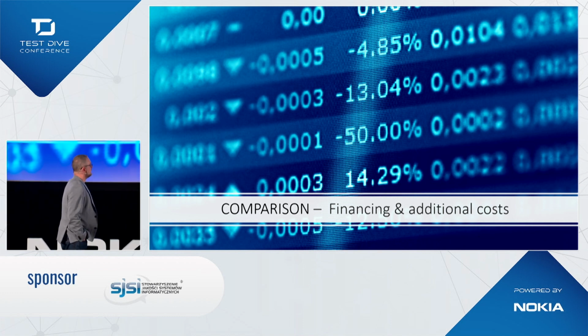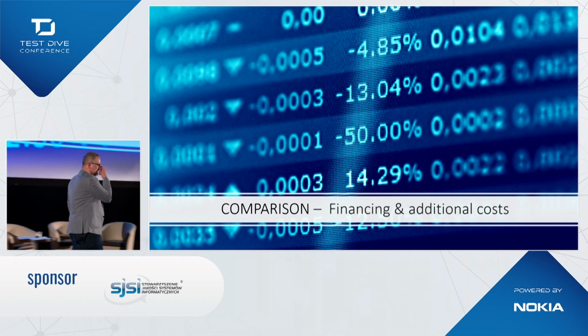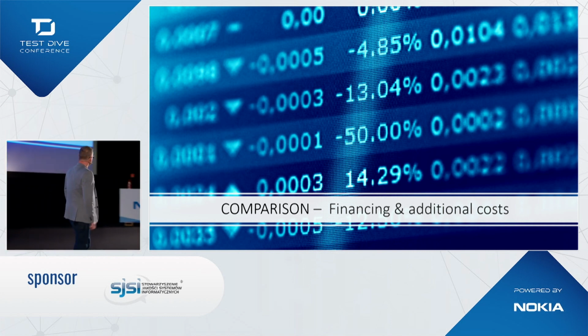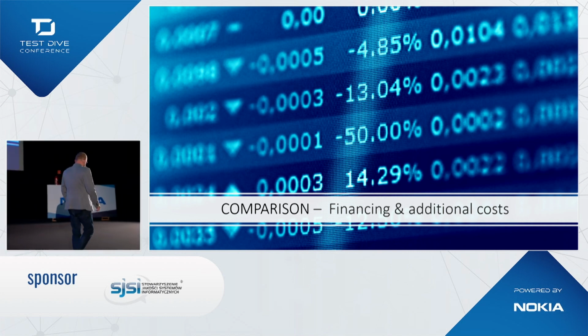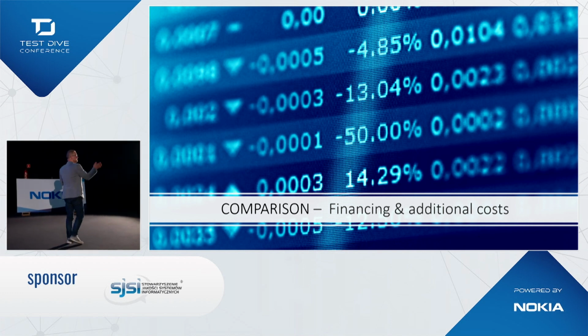Financing and additional costs. In terms of open source software, I mentioned one additional cost: when you have not foreseen that you will exceed the open source limits. It's one of the costs. We did it.